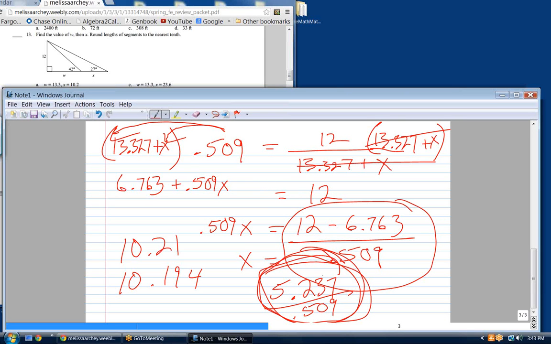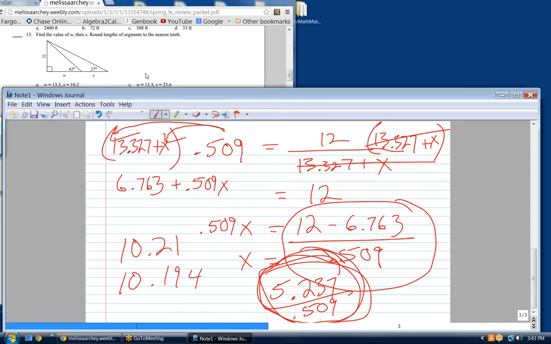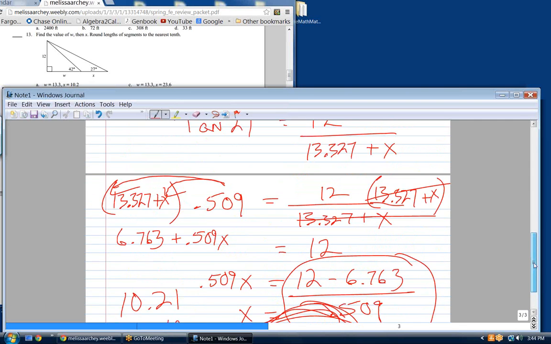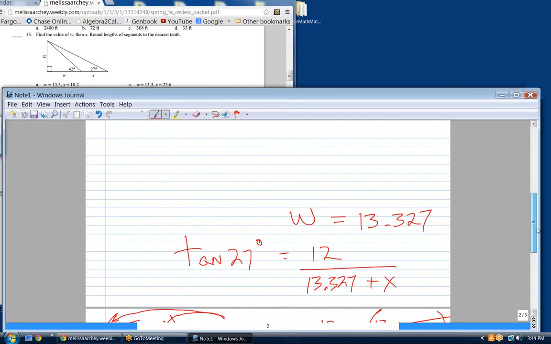Oh, okay. Yeah, because I got 16.9. So I was just wondering. How'd you get, you got what? 16.9, which is one of the answers. But that answer goes with a W of 10.8. We figured out W to be 13.32.